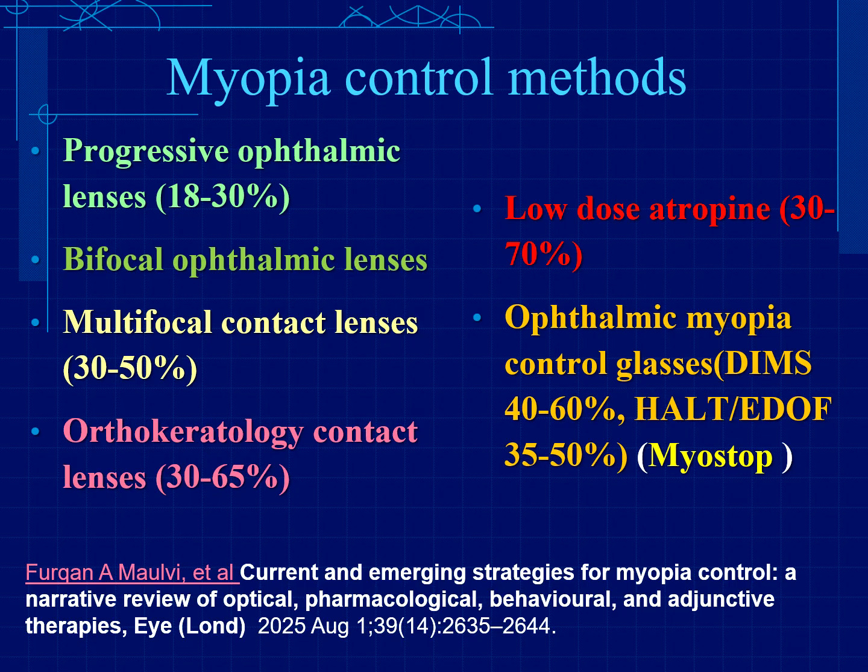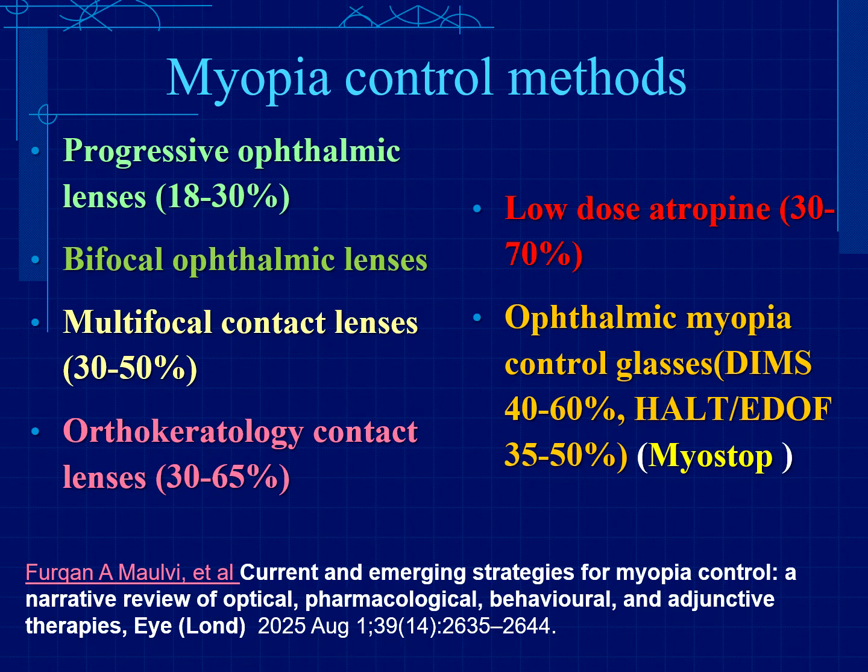Low-dose atropine is another method for management of myopia for kids, and it's very effective. But use of medication in the eye may have some side effects, and long-term use of the medication has many controversies for the patient.